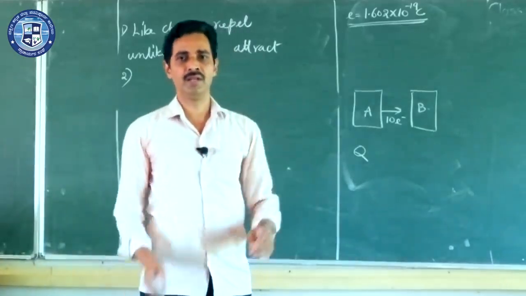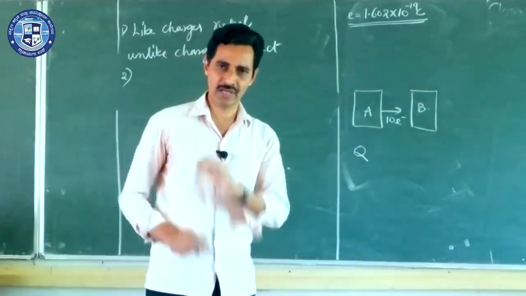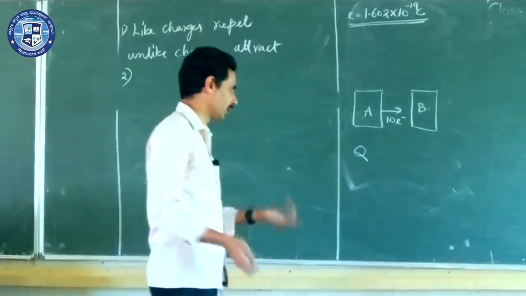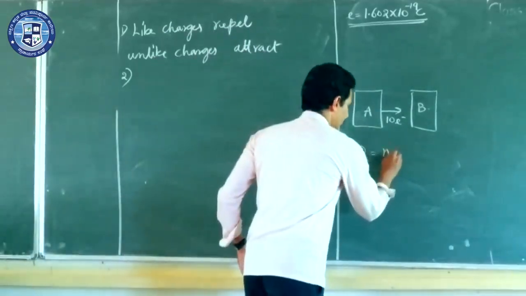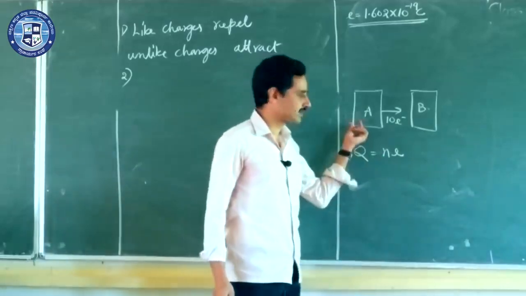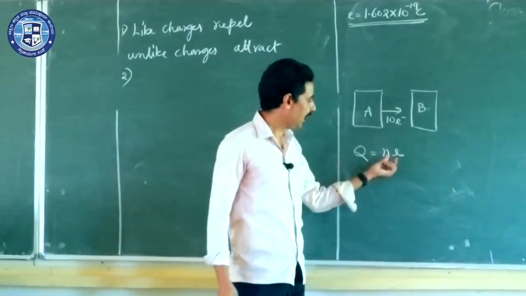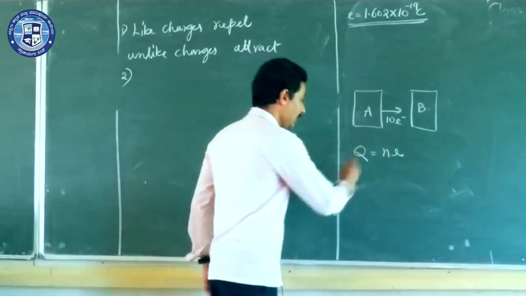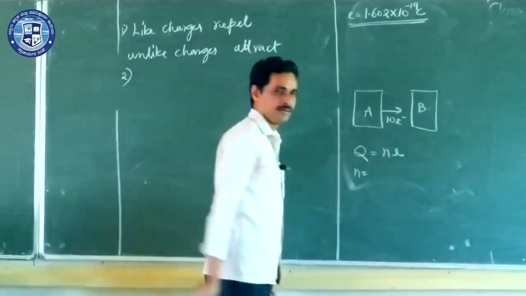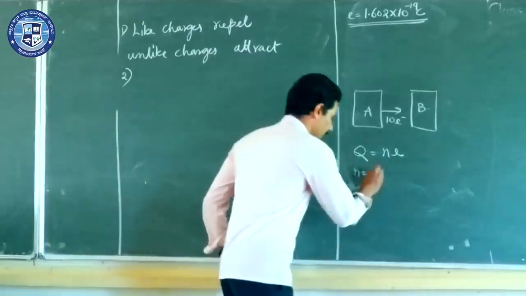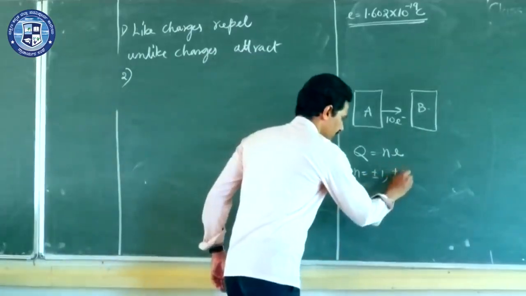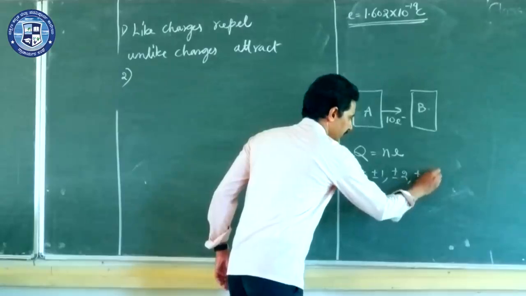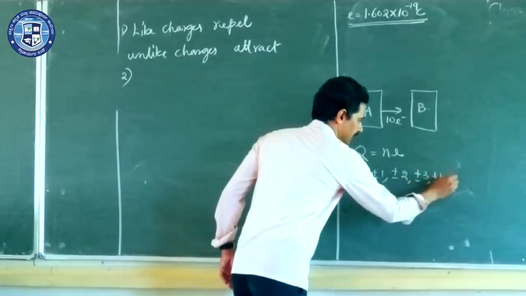From here onwards, we restrict Q to the amount of charge on a body, either capital Q or small q. So shall I write Q = Ne, where N is the number of electrons transferred from one body to another and e is the magnitude of charge of each electron. Now, what is N? N can stand for the values plus or minus 1, plus or minus 2, plus or minus 3, plus or minus 4, and so on.